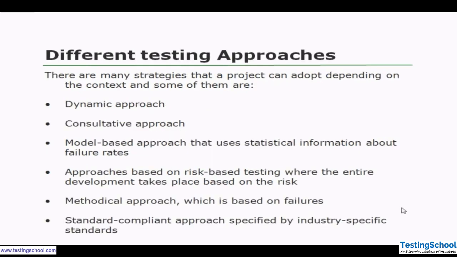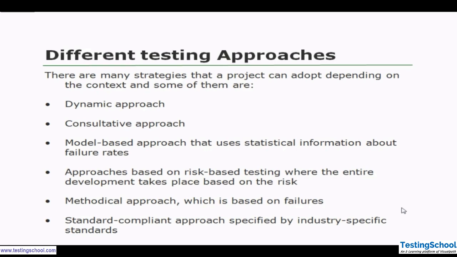Then we have different testing approaches like the dynamic approach, the consultative approach, and the model based approach, which is used for statistical information about failure rates. So we see at what ratio our test cases are failing.